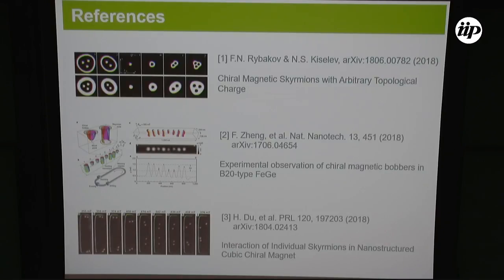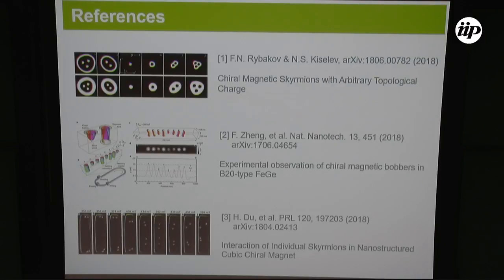And the last paper, of course, also with a huge contribution from experimentalists. In this paper, this remarkable interaction between skyrmion tubes was measured, and on a quantitative level, it was compared with numerical calculation. It was found that, being in the cone phase, the skyrmions attract each other.